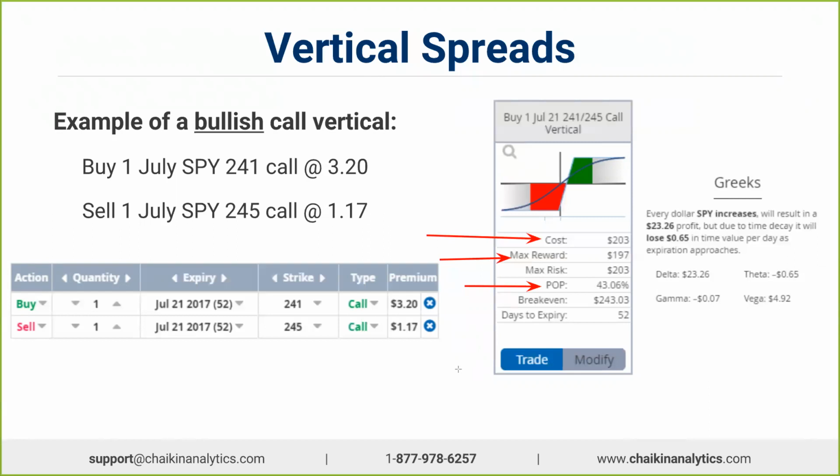So this one, we're just going to say the risk is $200 and the reward is $200. That is a 1-to-1. For every dollar I'm risking, I have a chance to make $1. Risk $1, make $1. That's sort of the minimum that I will accept. I would rather it be risk 200 to make 300, which would be risk $1 to make $1.50.